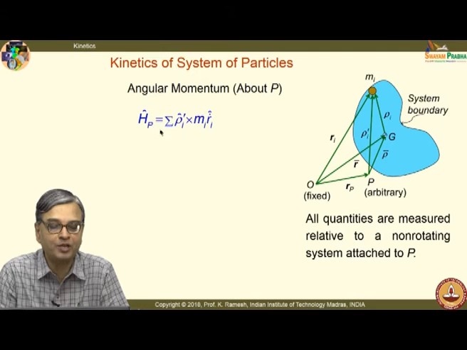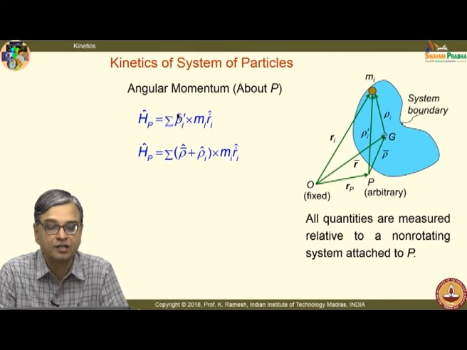So, I have Hp equal to rho prime cross mi ri dot. Similar simplifications we have done for the earlier case, we will continue to do here. So, I will replace rho prime as rho bar plus rho i. I have rho bar plus rho i as this rho prime. Okay.